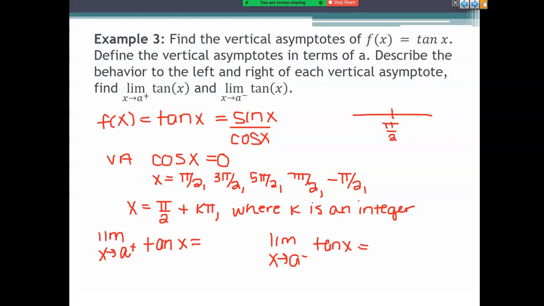If you think about sine or cosine, smaller than pi halves would be your 0, your quadrant 1, right? Bigger than pi halves is quadrant 2. All values in quadrant 1 are what? So, in quadrant 2, sine is positive.